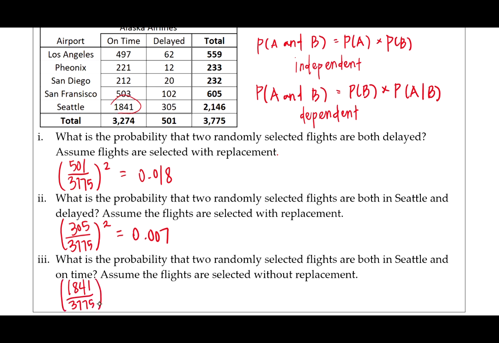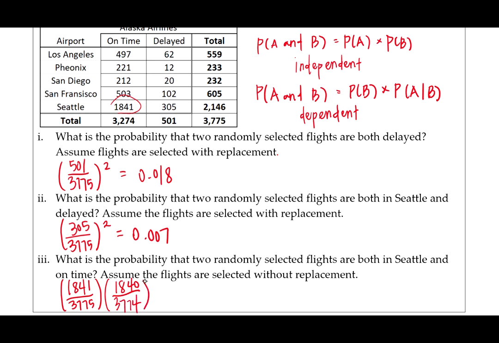But now I am not replacing that flight. So one of those flights has now been removed out of the table of data. So I no longer have 1841. Now I only have 1840 to select from for my second flight that needs to be in Seattle and on time. And because I've removed a flight, my total is now 3774.